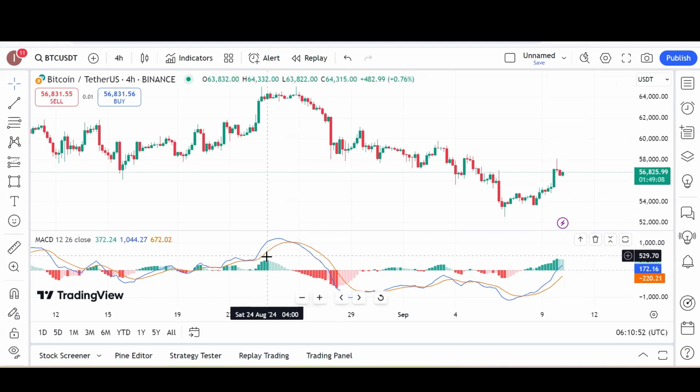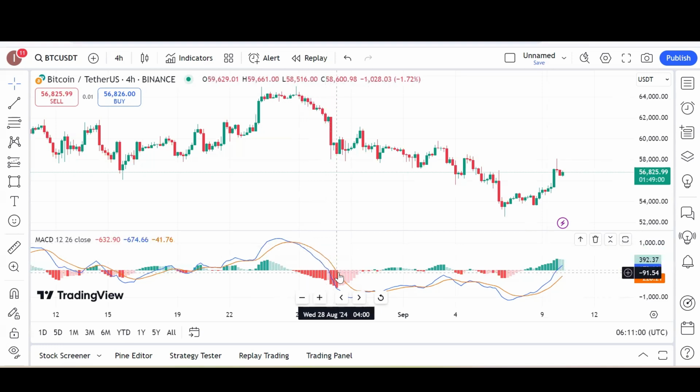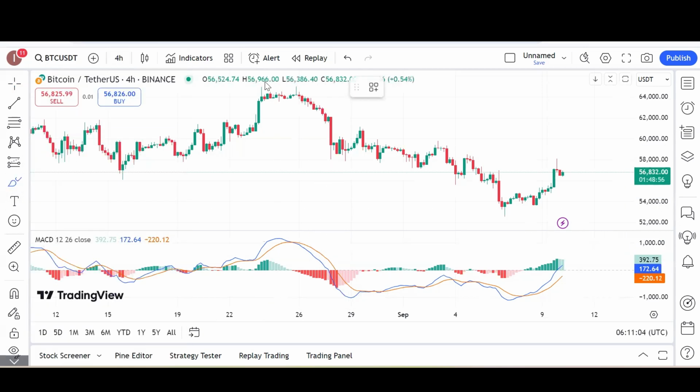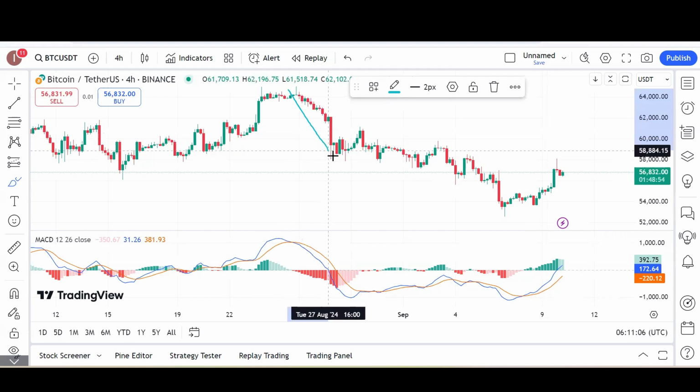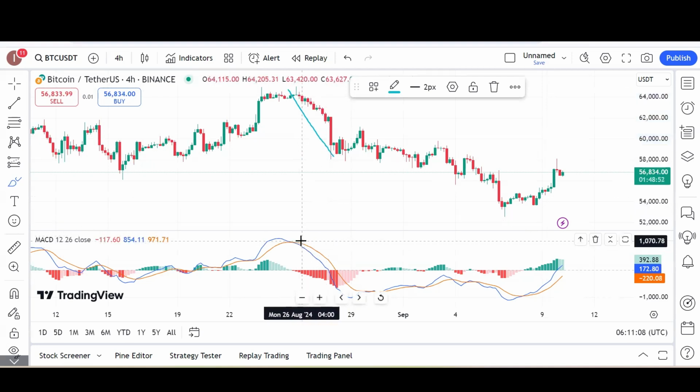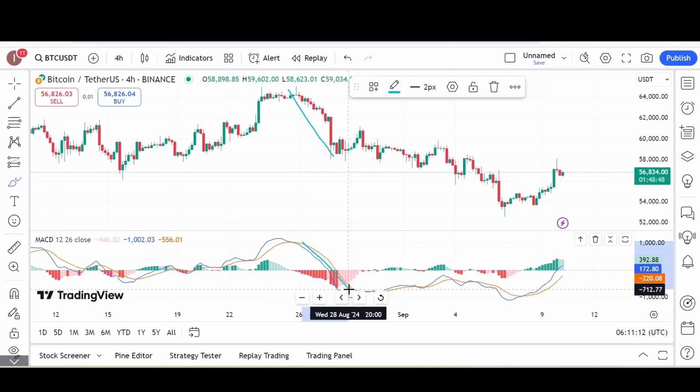When the signal line, the orange line, crosses the MACD line, the selling pressure constantly increases, and the graph moves from this side to this side. When the signal line crosses the MACD line, then it constantly decreases.